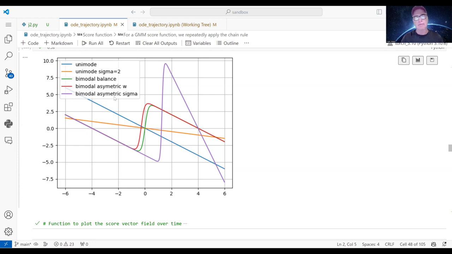And then the purple one: they are equal weight, but they are different sigma. In one case, this is the unit norm slope. In the other case, I forget the exact value, but it's a less than 1 slope. The sigma is point something or other, so it has to be much steeper because of that.